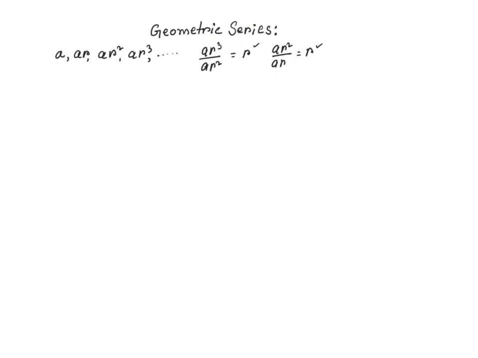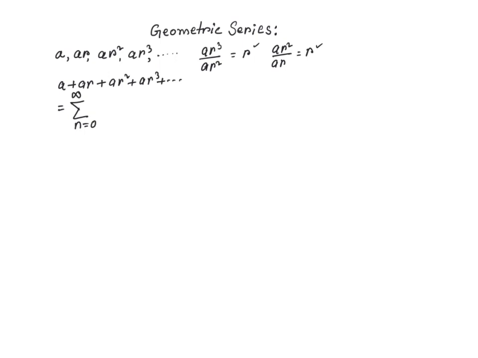We define a geometric series similarly, which is going to be a plus ar plus ar squared plus ar cubed plus dot dot dot. This is how you do it. And I can write it in a compact format, which you probably already know: summation n equals 0 to infinity of a r to the power n.